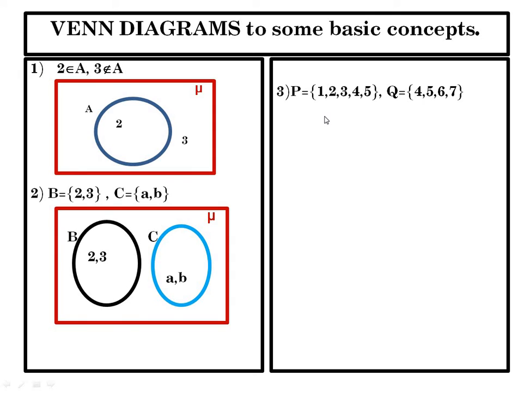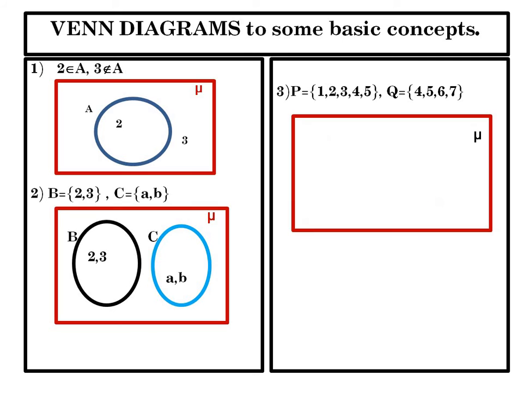In general, first you draw a rectangle for the universal set. After that, as we have two sets P and Q, you draw two circles, but these two circles should intersect one another. This is the first circle and that is the second circle.